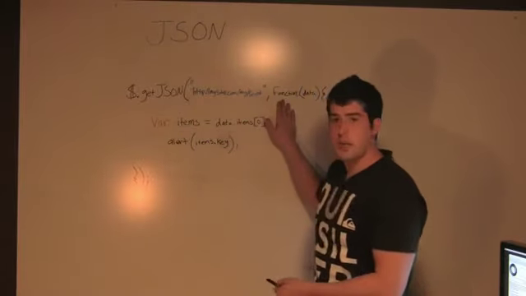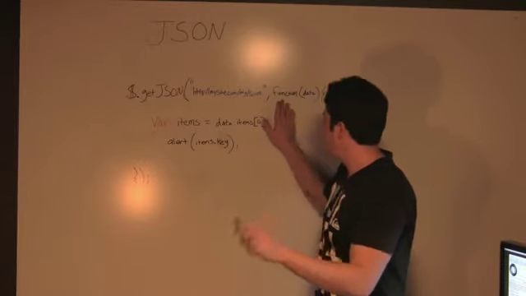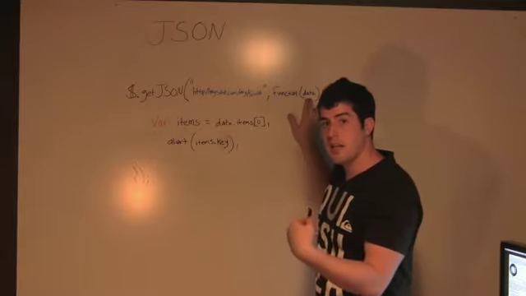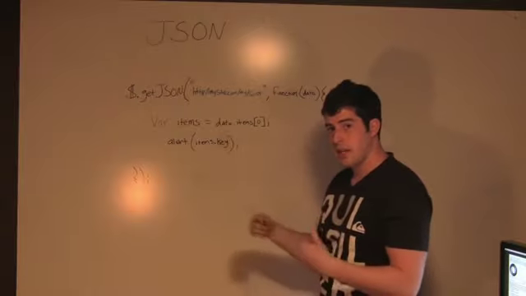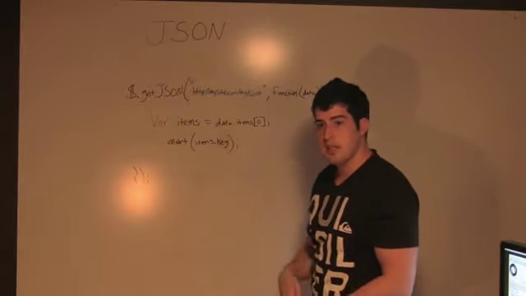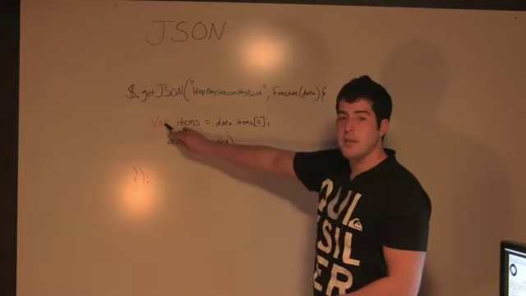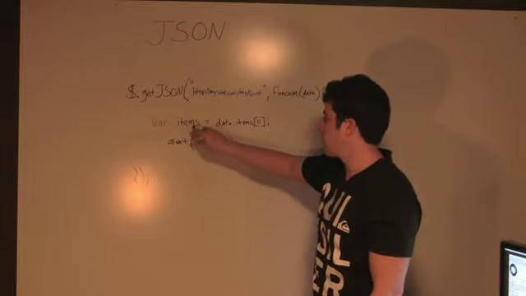And then we have a callback function for when it finishes and it gets all the data. In this function I'm going to pass through the data that comes back, and I'm naming it data. So the data that comes back from the PHP script that gets echoed is going to be called data. Inside of the callback function, I'm going to create a variable called items.